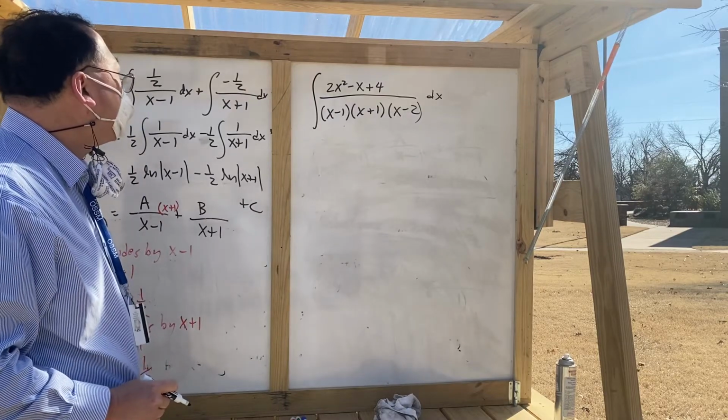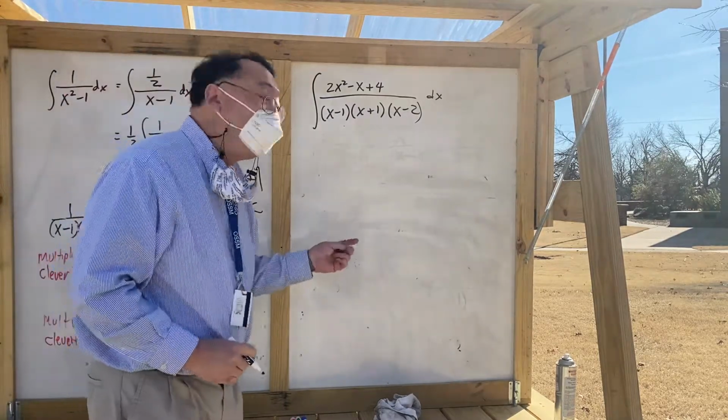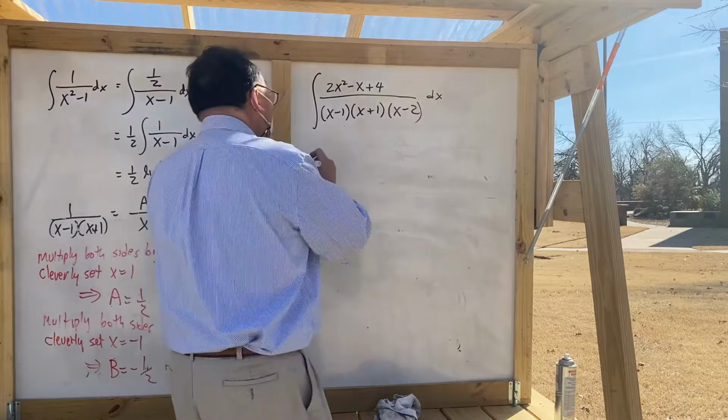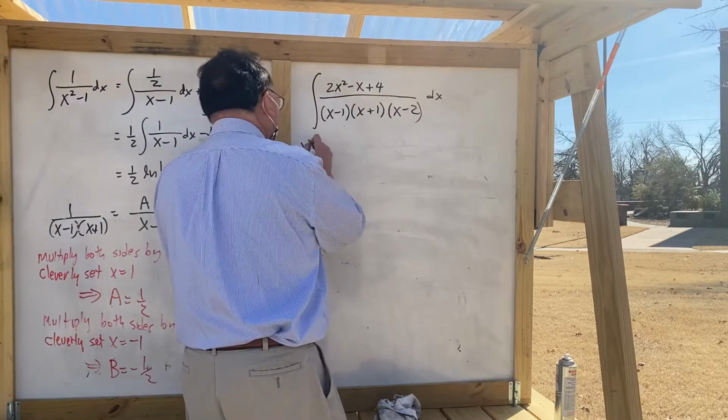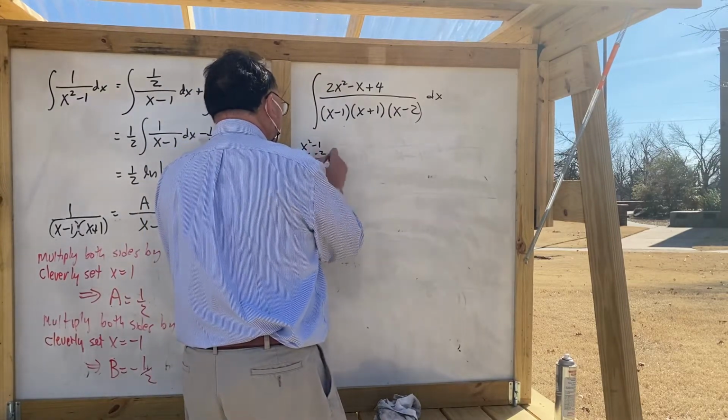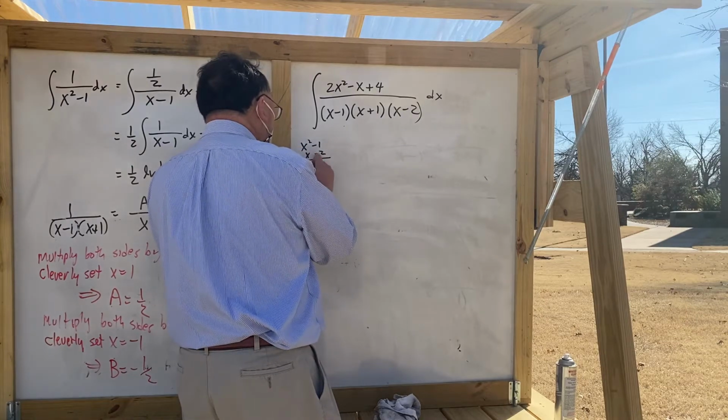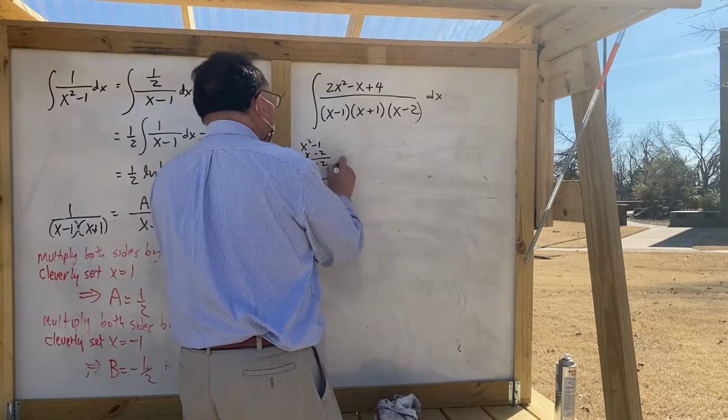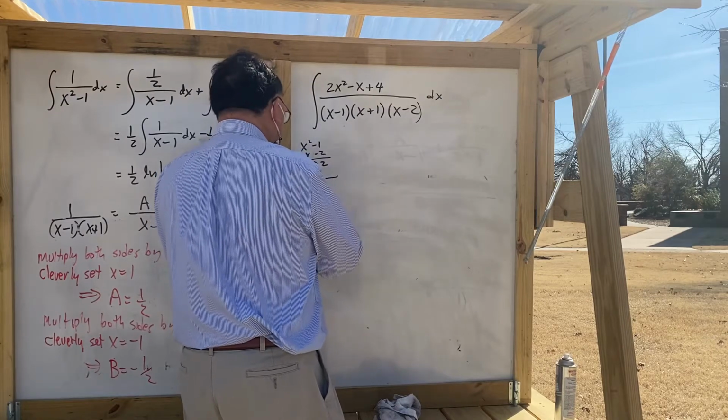And in fact, I'm going to make it even more complicated. I'm going to multiply this out, so I'm going to rewrite that. So that's x squared minus 1, x minus 2, which gives x cubed minus 2x squared minus x plus 2.